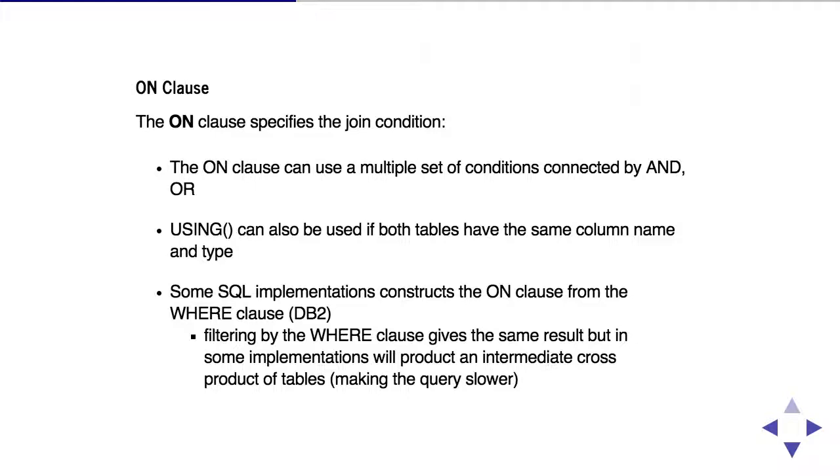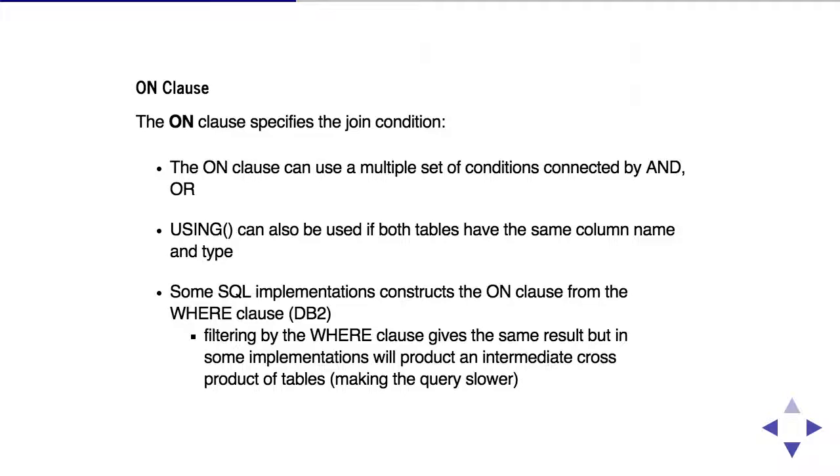Filtering, then doing a cross product, and then filtering by some WHERE condition gives you the exact same results as using the inner join. However, inner join makes it a lot more efficient, and it helps out processing the query.